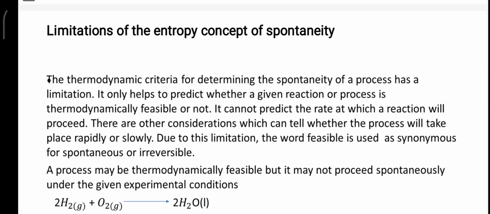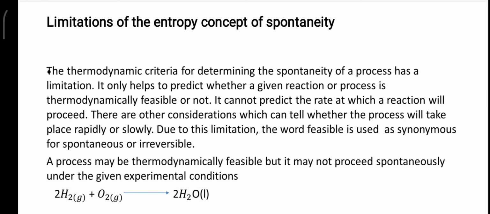Next we have limitations of the entropy concept of spontaneity. The thermodynamic criteria for determining the spontaneity of a process has a limitation. It only helps to predict whether a given process or reaction is thermodynamically feasible or not.